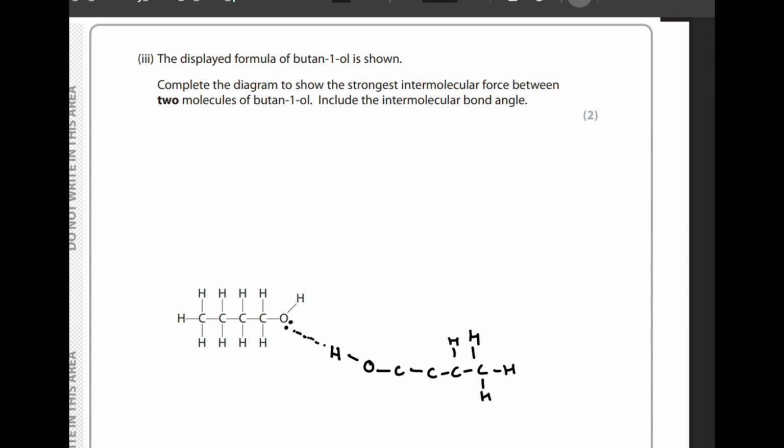This is the other molecule of butane 1-ol. Okay. So you need to draw the structure.